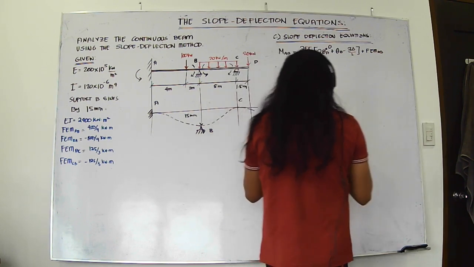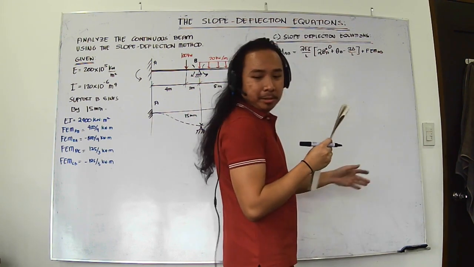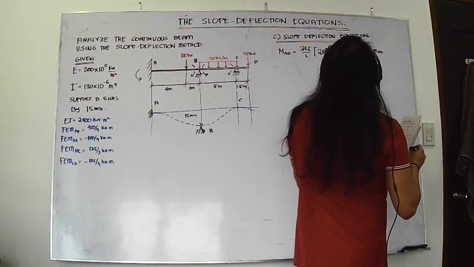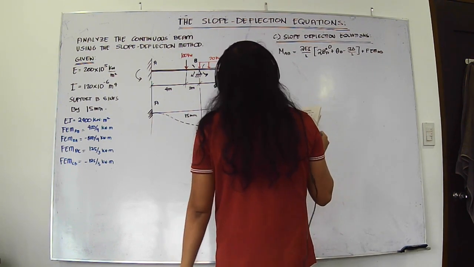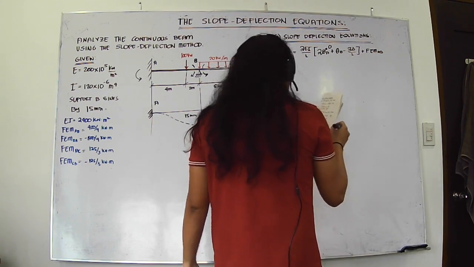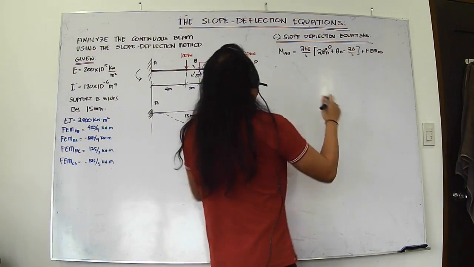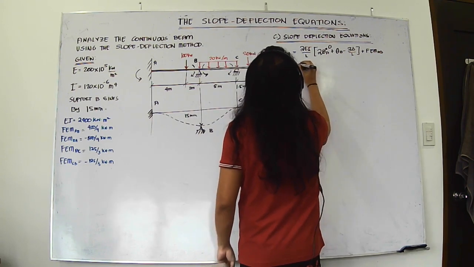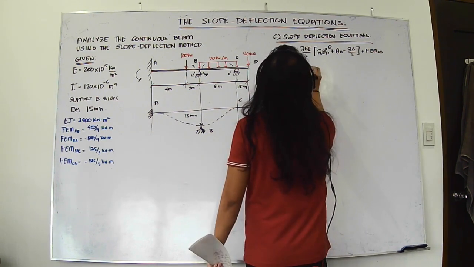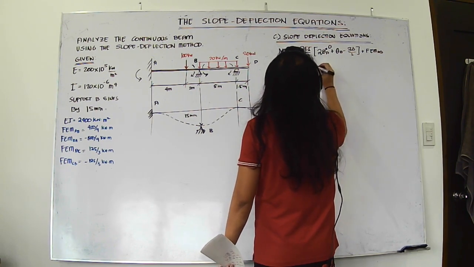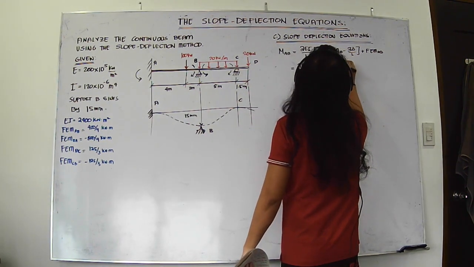Now, on to the next issue. At the other end, the pin allows rotation, so that's okay. Next is the deflection of 15 mm, which we take into account in our computation. From A to B, the settlement goes down, so it is negative. In this case, 2EI over L, where L is 6, theta B minus 3 times negative 15 over 1000.